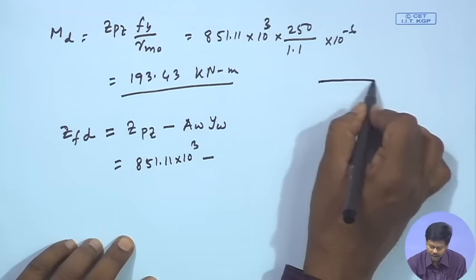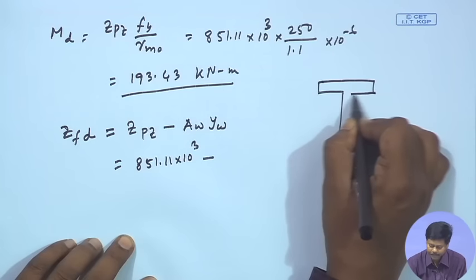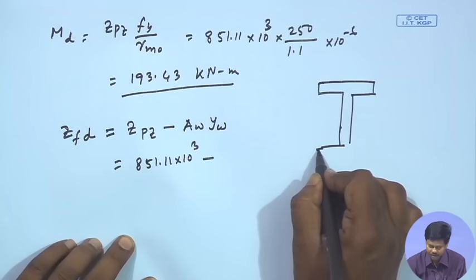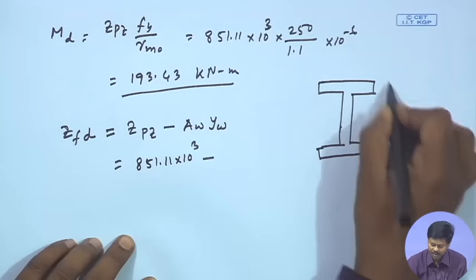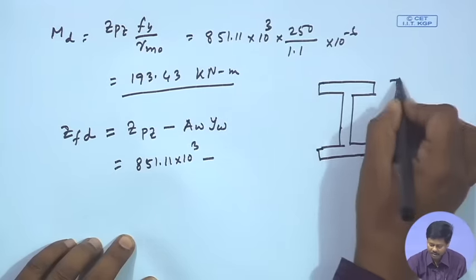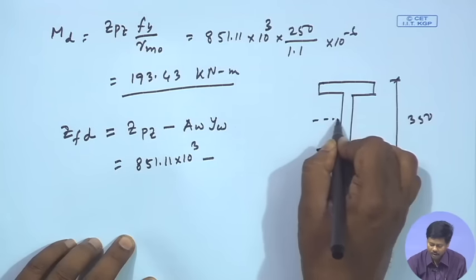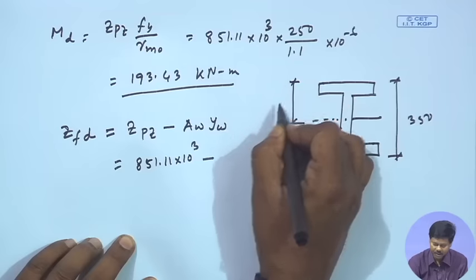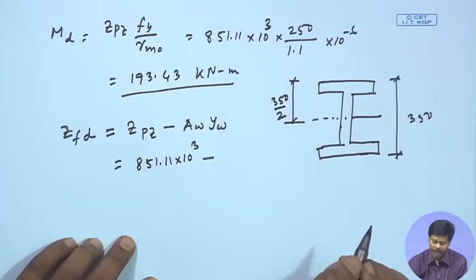If we see the I section which we have considered, its overall depth is 350, right. So, along the neutral axis this depth will become 350 by 2, right.